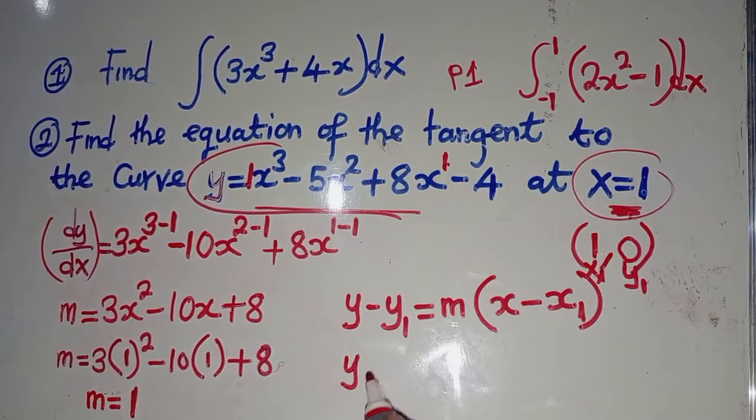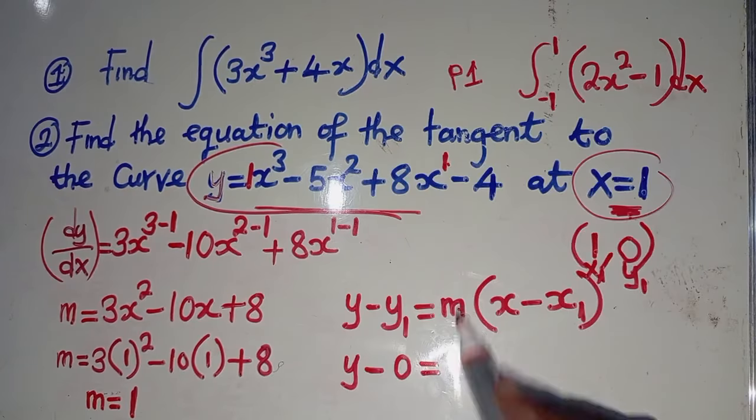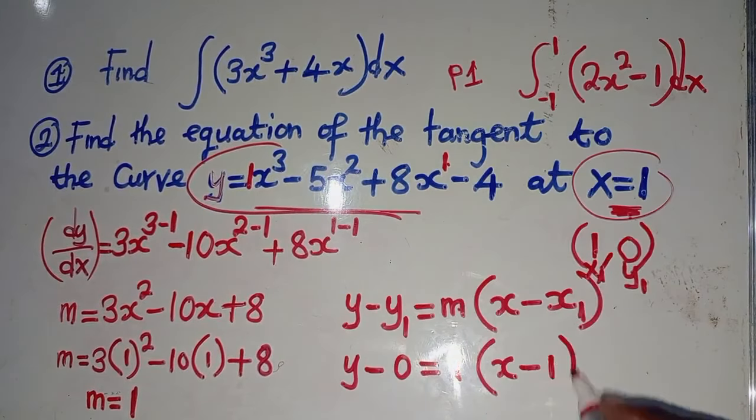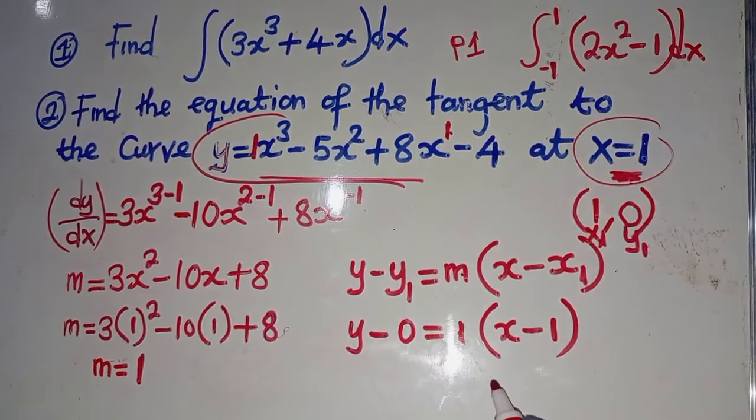So we say y minus y1, which is 0, is equal to gradient 1, open bracket, x minus x1, which is just 1. So this is the same as y is equal to x minus 1.